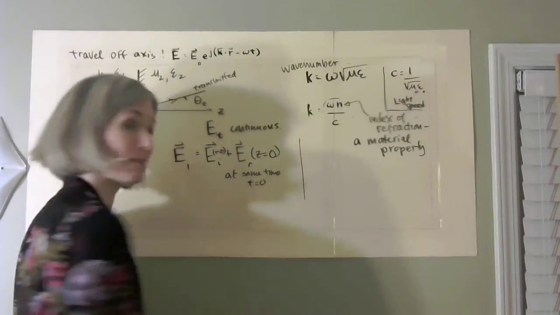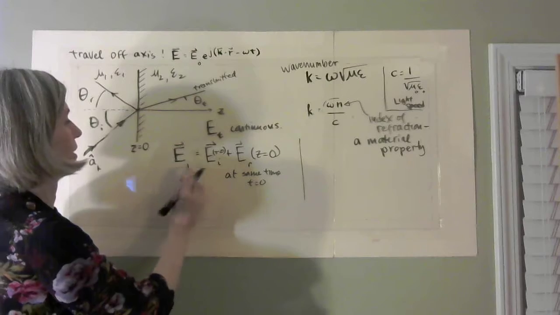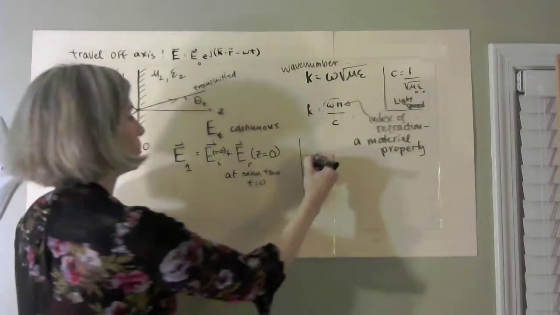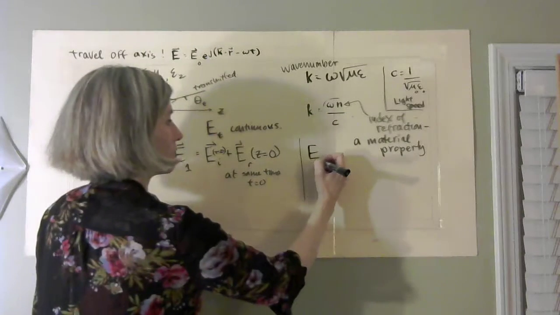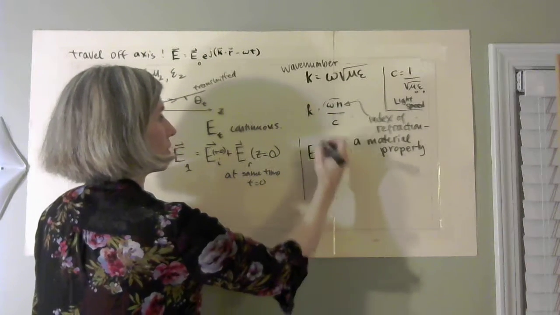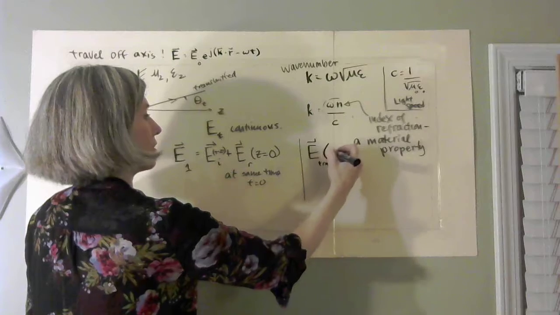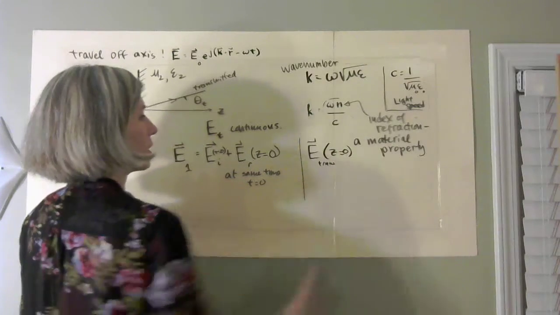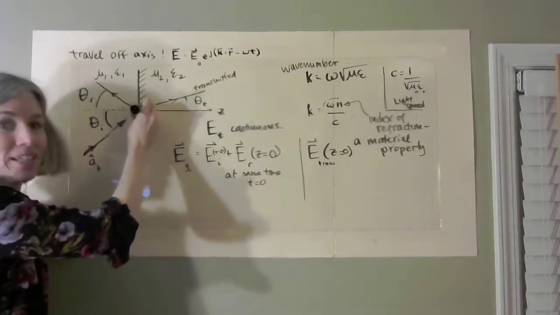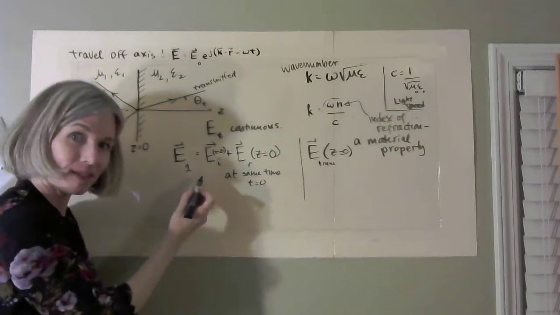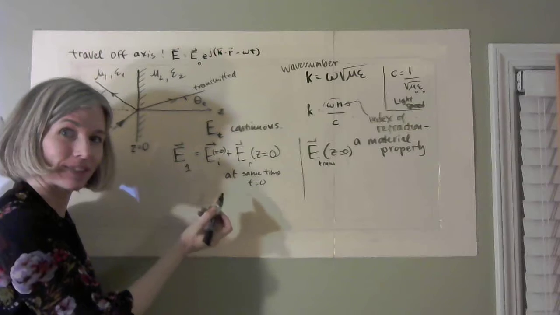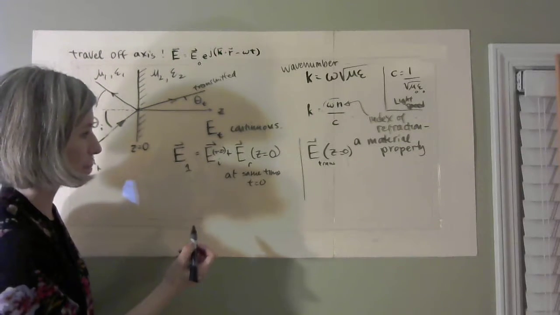On the other side of the boundary, material 2, we just have that transmitted wave at z equals 0. Okay, so we're talking about right here, matching those things up. We can split these out into their tangential and normal components.